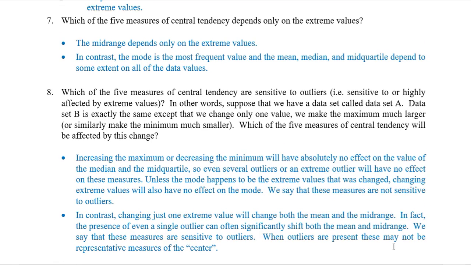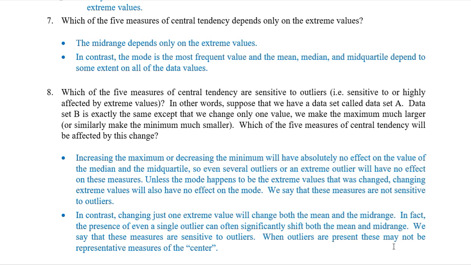And let's think about it. Increasing the maximum or decreasing the minimum will have absolutely no effect on the value of the median and the mid-quartile, assuming the other values aren't changed. So even several outliers or an extreme outlier will have no effect on these measures.